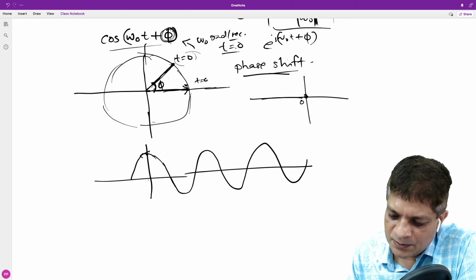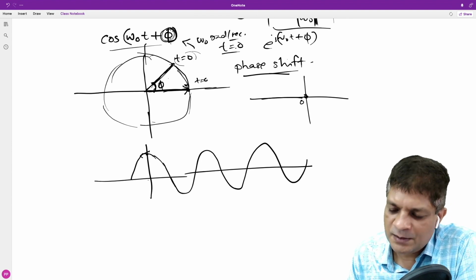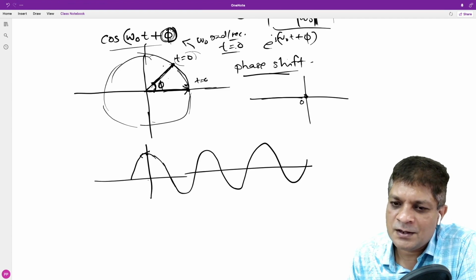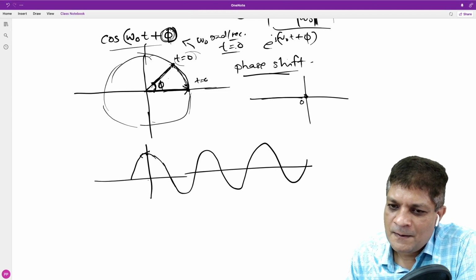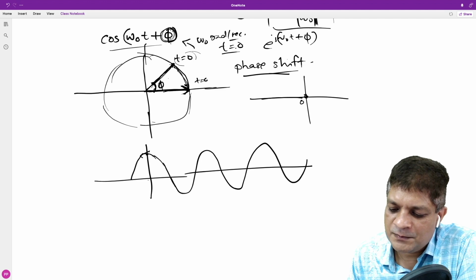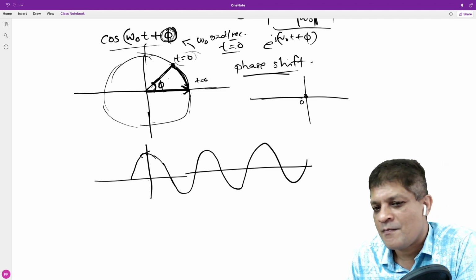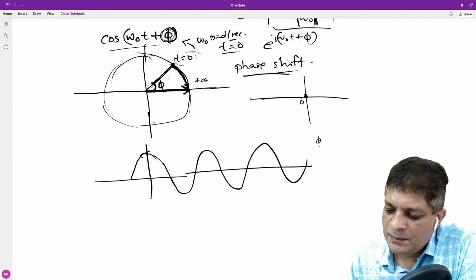Because if there is no phase shift, we are starting from here, and it takes some time to reach here. And if there is a phase shift, we are starting from here. And how much time does it take to reach here? This phasor, if without phase shift we are starting from here, how much time? It is phi by omega naught.